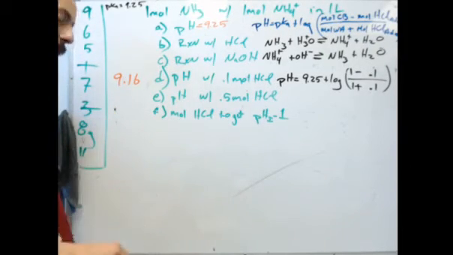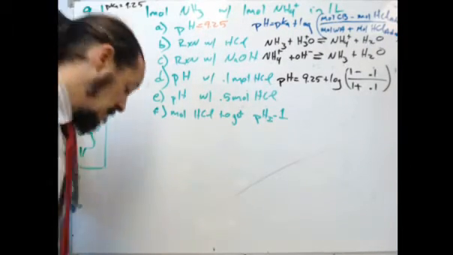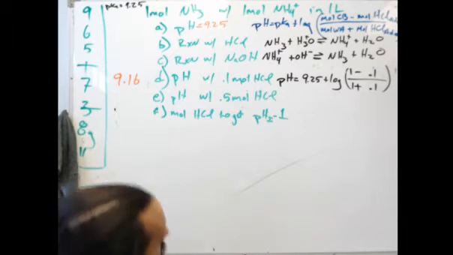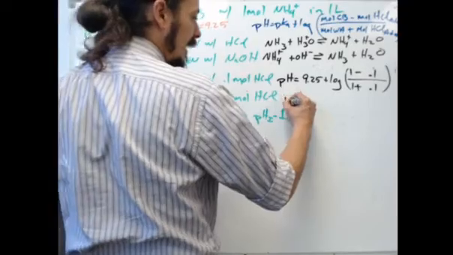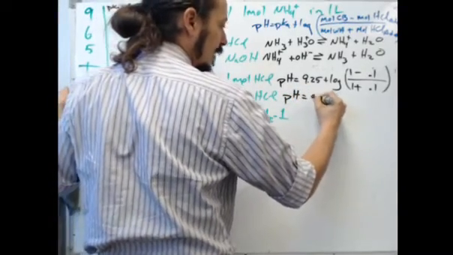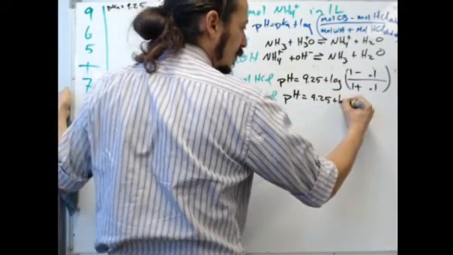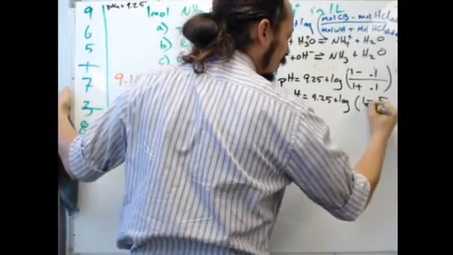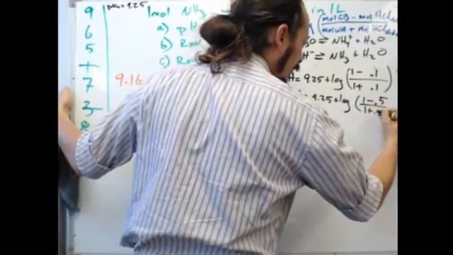Does 9.16 make sense conceptually? We add acid, pH goes down. We didn't add that much acid, the pH didn't go down that much. Totally makes sense. We can do the same thing here. pH equals 9.25 plus log of 1 minus 0.5 divided by 1 plus 0.5.